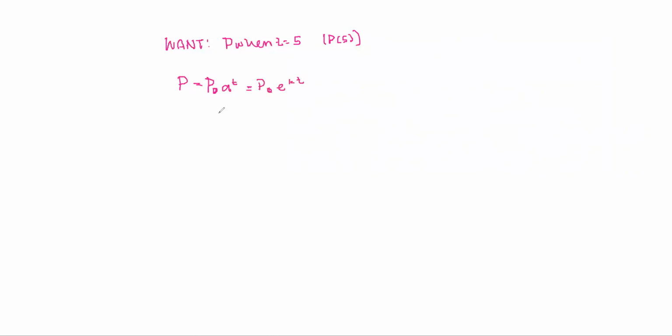Which one do you think I'm going to want to use? With the A or with the E? You can vote in the chat, or just say it out loud. I'm guessing E to the KT. Okay, why do you say that? Because it's a finance question, and that E is always worked into finance questions.